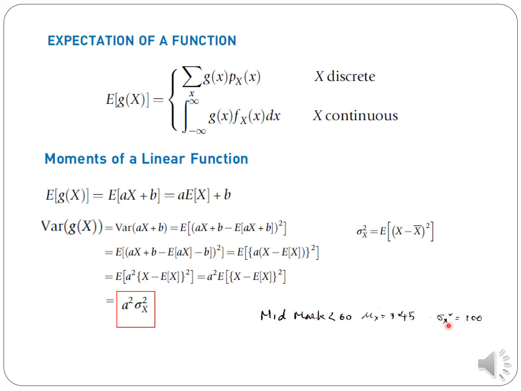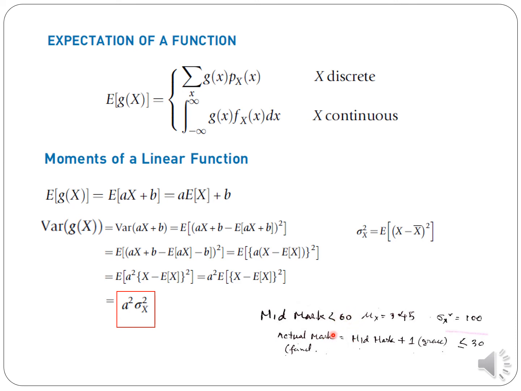So if you are given this data, then you have to find the distribution, not the distribution actually, the mean of actual mark, which is like this: mid mark plus 1 grace. So here you have to consider this mid mark is half of the 60. Okay, so you know your midterm marks is converted from 60 to 30.